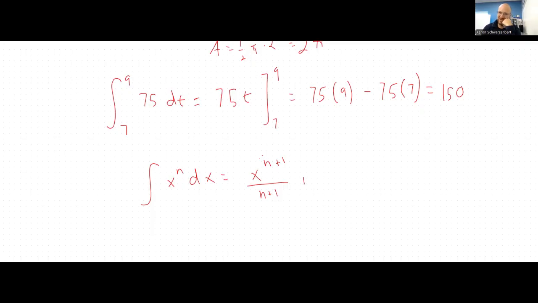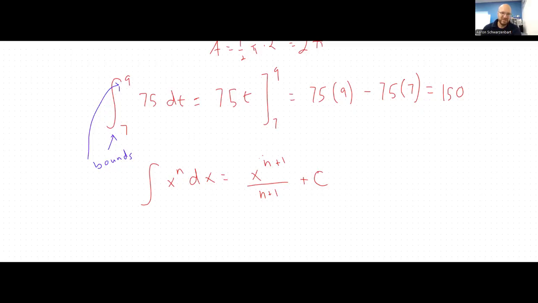There's often also a plus c. If you don't have bounds, you have to put a plus c on. If you do have bounds, there's no plus c.